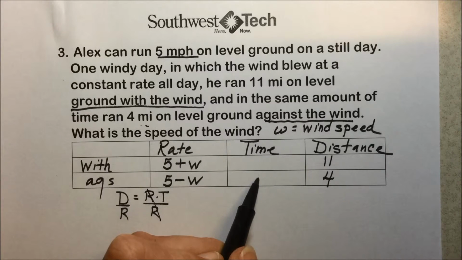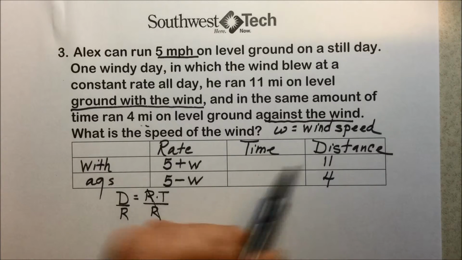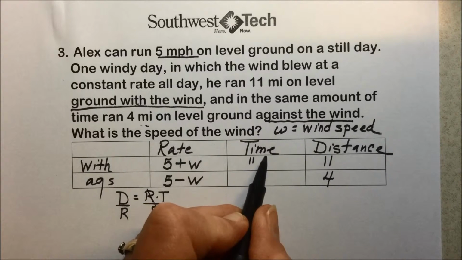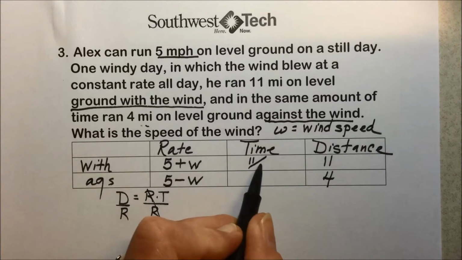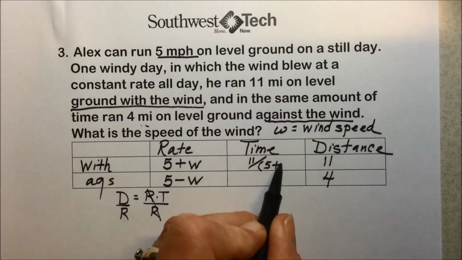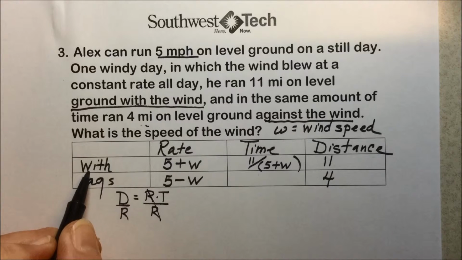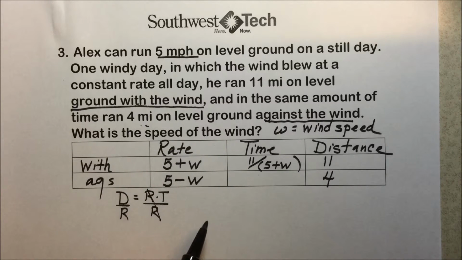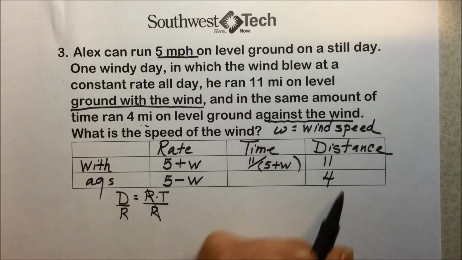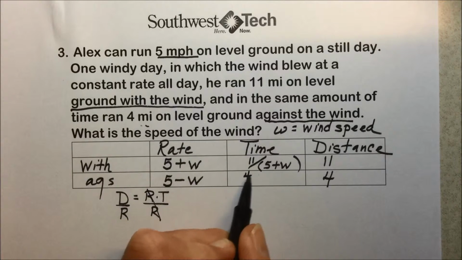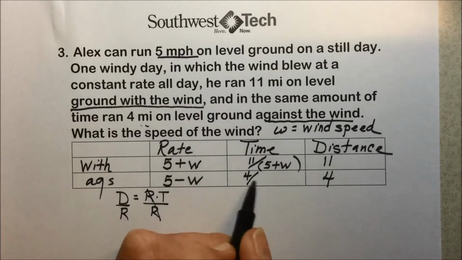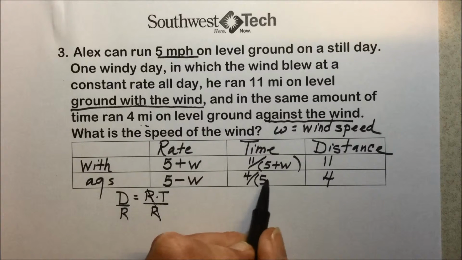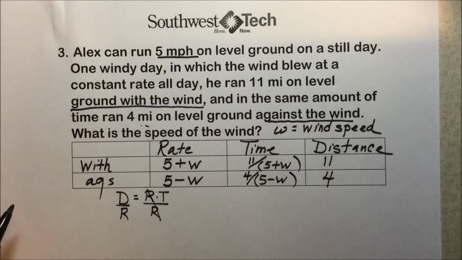To fill in these two cells, we'll take the distance of 11 and divide it by the rate given as 5 plus W to fill in the time. Similarly, we'll do the same thing for the against running information: the distance of 4 divided by the rate, which was 5 minus W. Now we have our table filled in.